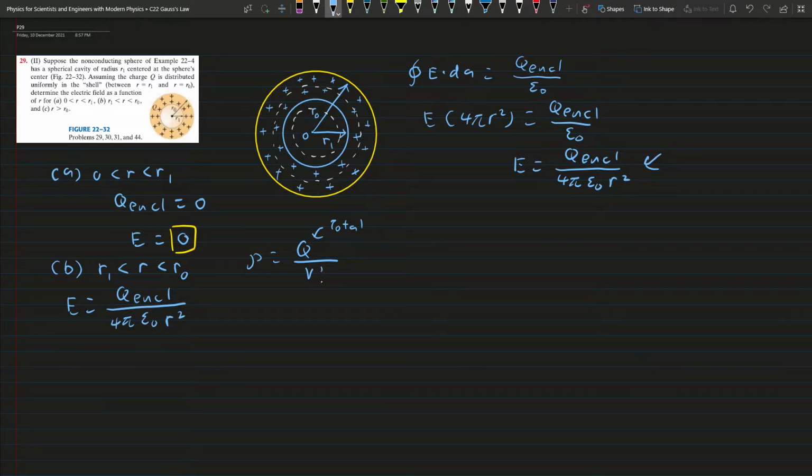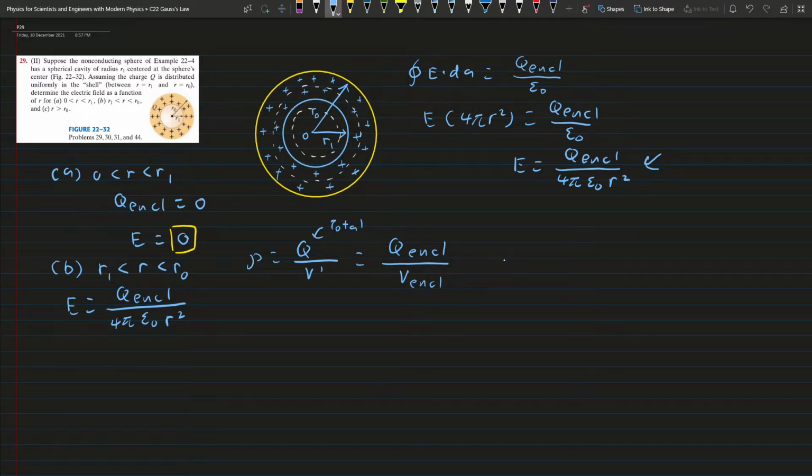Let's call this rho, which equals Q enclosed over the volume that encloses the charge.